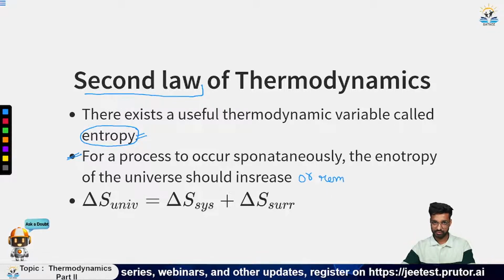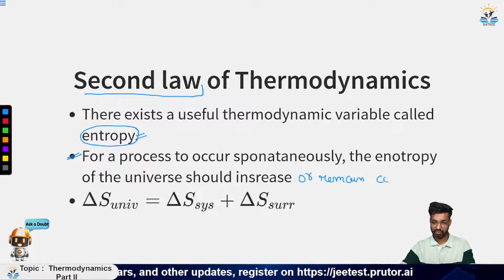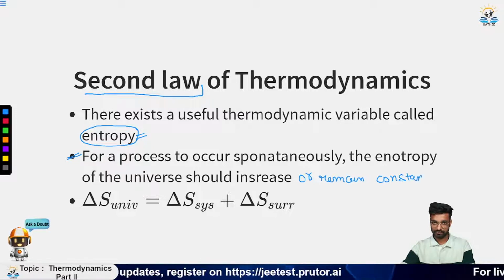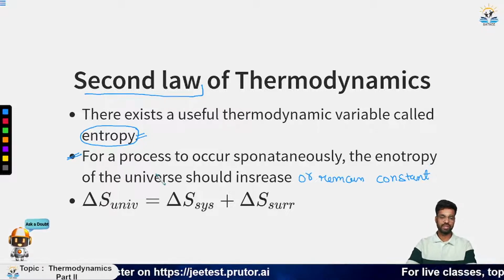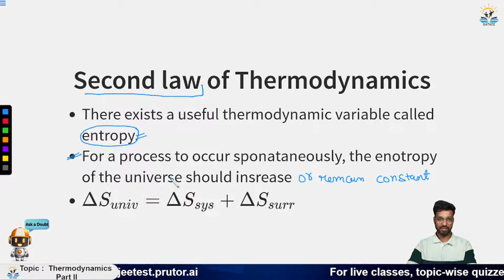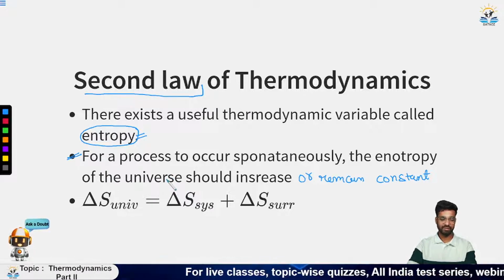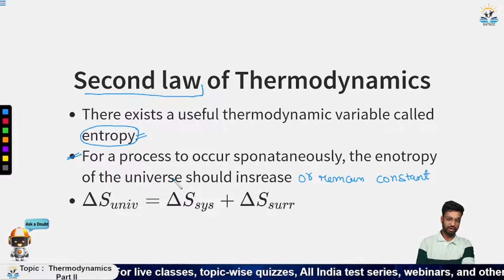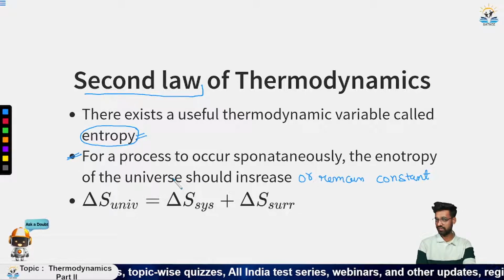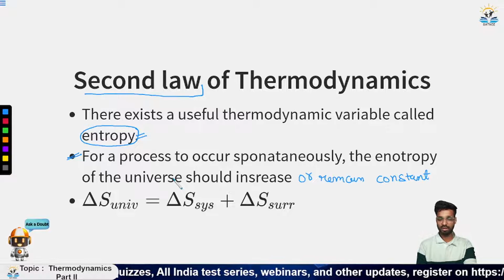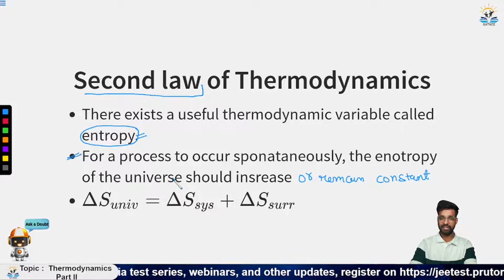remain constant. Sorry, remain constant. So it says that suppose a reaction has to happen spontaneously, which means there will be no external factor applied to it. It does not mean that we cannot apply it initially. Suppose you have a fuel and you light it with fire.